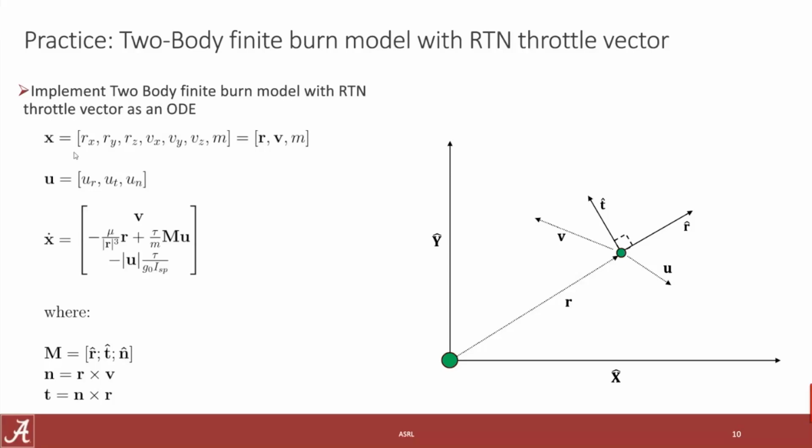The important things to remember that are changed from that previous example are, now size 7 states because we also have mass, and we also want control that is in RTN, so we need to convert those. And finally, remember our output, what we're returning needs to be the time derivative of all of our states.